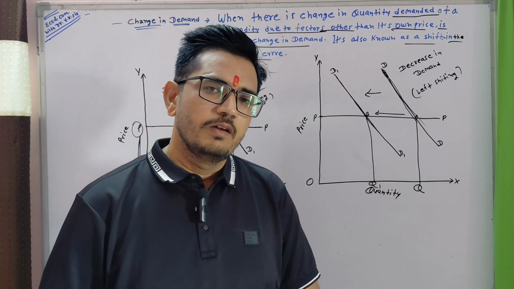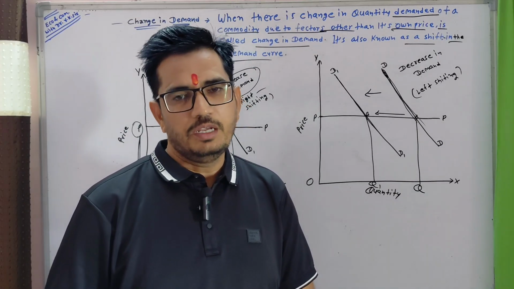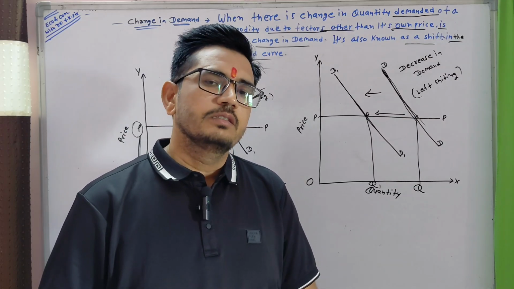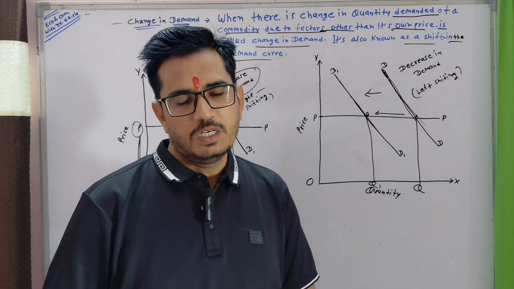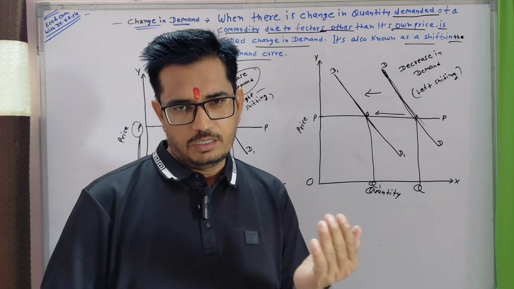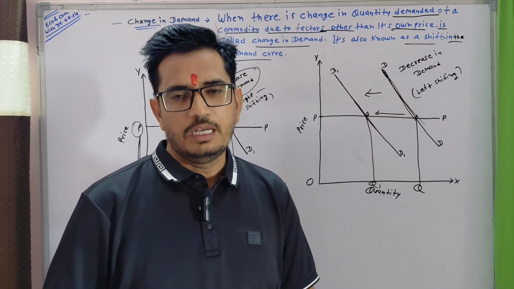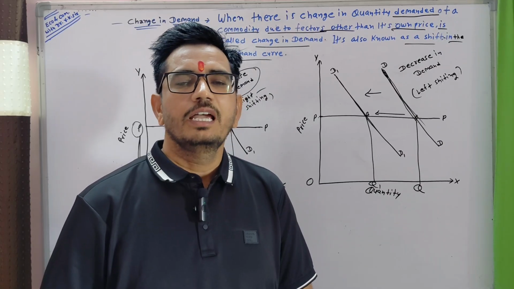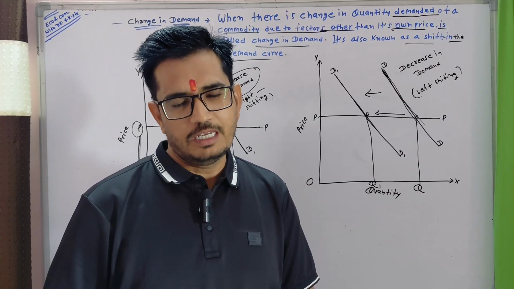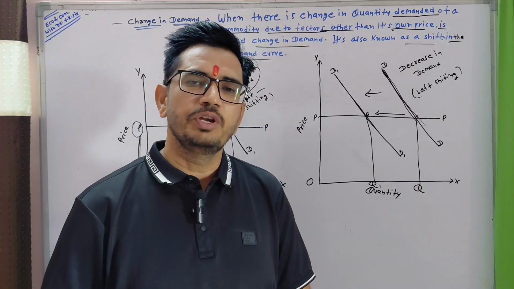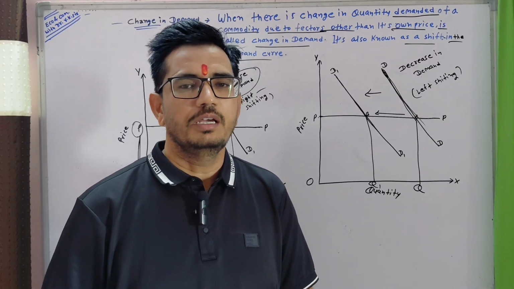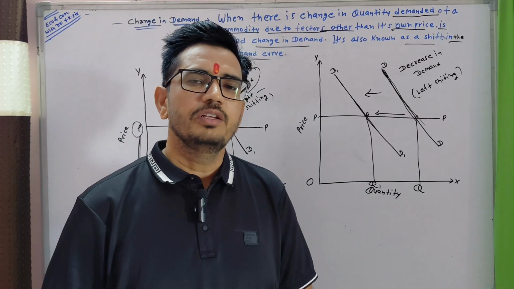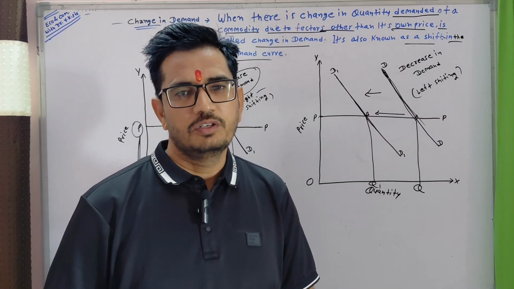On the other side, the demand curve shifts to the left, from DD to D1, and quantity demanded becomes less than before. It is called a decrease in demand.